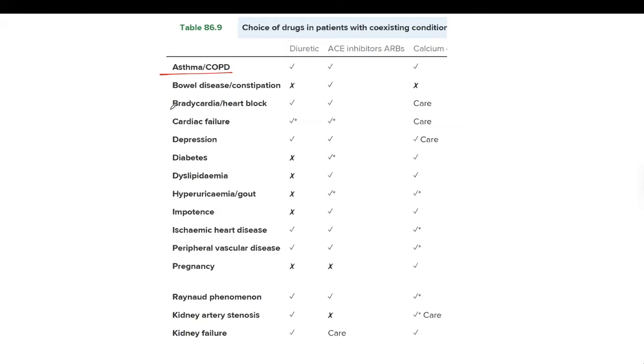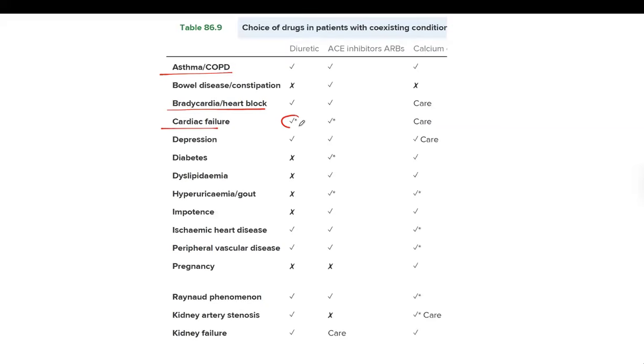For a patient who has heart block or bradycardia, using beta blocker or calcium channel blocker is not good. For a cardiac failure patient, especially systolic heart failure, we would be very careful with beta blocker and calcium channel blocker, especially if they are congested.